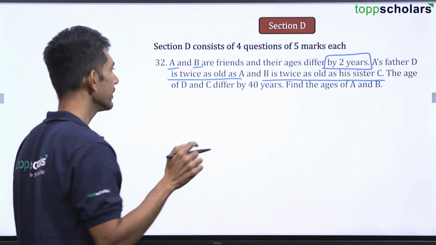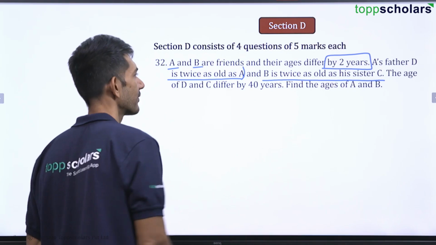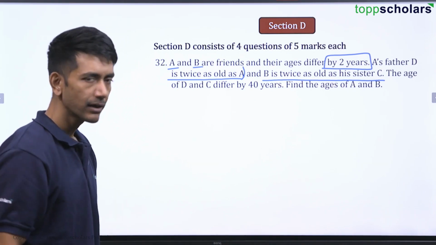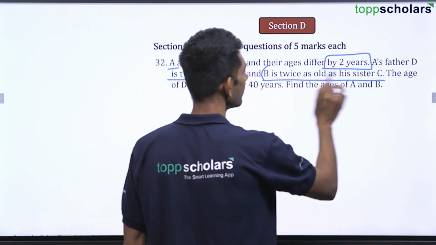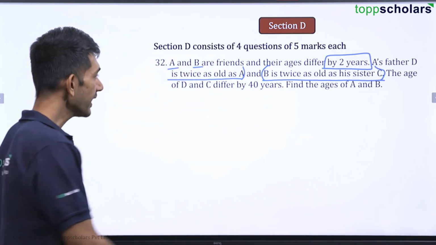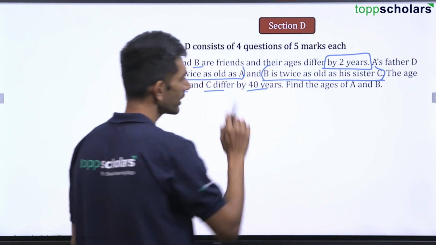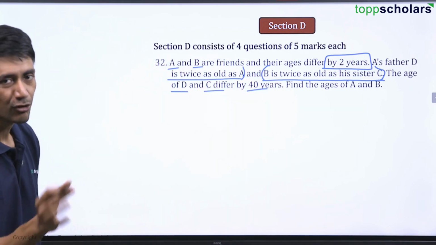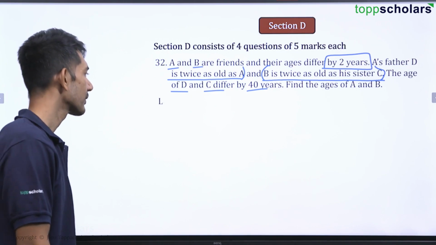A's father D is twice as old as A. Stop there. B is twice as old as his sister C. The ages of D and C differ by 40 years. Find the ages of A and B. That is the question. Okay.